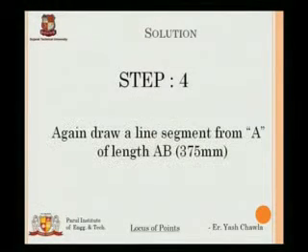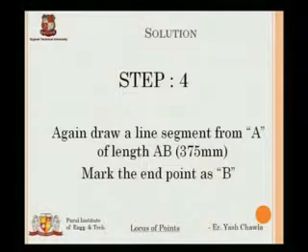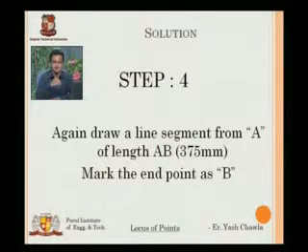The next step: we have this crank OA. The next thing that we want to do is draw the connecting rod. The connecting rod is AB and it is 375 mm as given in the question. So from A we will draw a line that is 375 mm long and mark its endpoint as B.